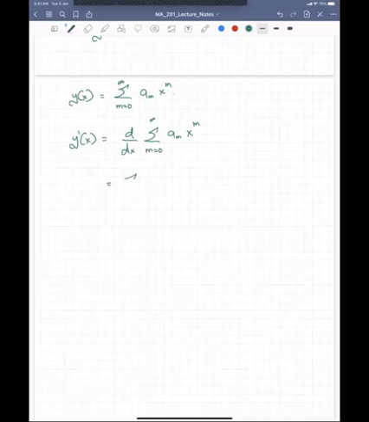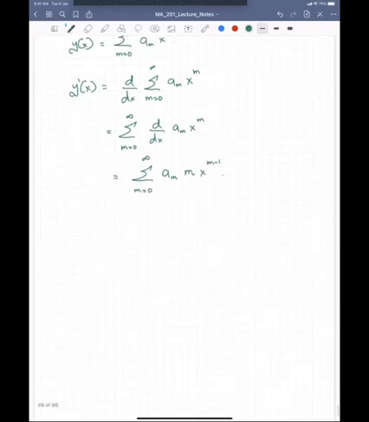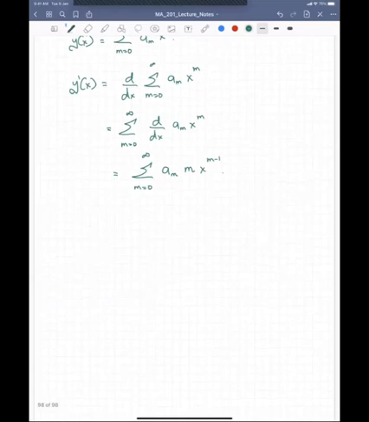So I'll write this as the sum from m equals 0 to infinity of d/dx of a_m x to the m. And since the a_m's are just constants, this simply becomes the sum from m equals 0 to infinity of a_m m x to the m minus 1. Okay, so this is again a series, but it is a slightly different series. It has x to the m minus 1.